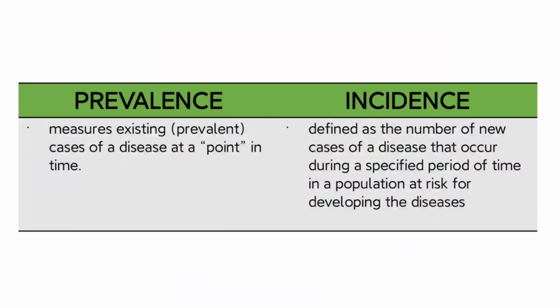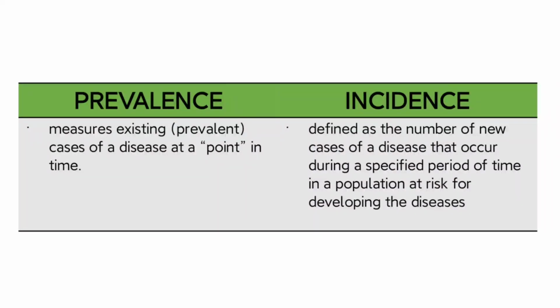Okay? Next. Now, this is the difference in definition between your prevalence and your incidence. Prevalence measures existing, or what we call prevalent, cases of disease that have already happened at a single point in time. So, this disease has already happened, and then you just go back, get the data, and you can compute the prevalence.